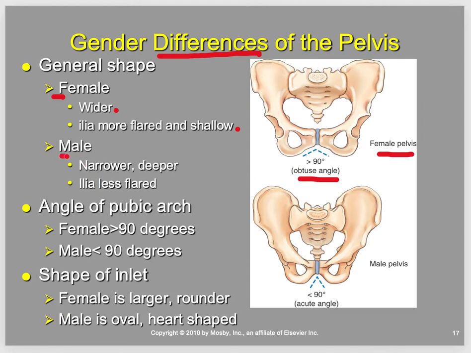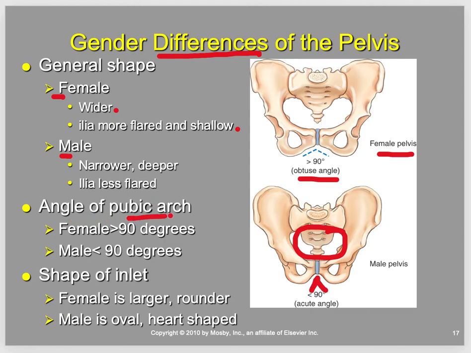The male pelvis is narrower and deeper. So it's a smaller inlet, smaller outlet. Its angle is less than 90 degrees, and it's a lot more narrow, so less flared.